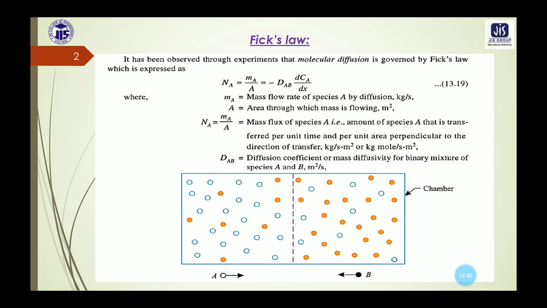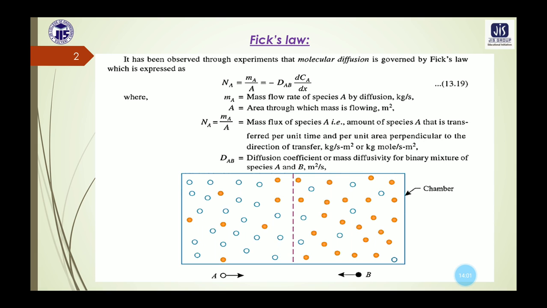Next, what is this D_AB? It is the diffusion coefficient or mass diffusivity for the binary mixture of species A and B. The unit is meter square per second.